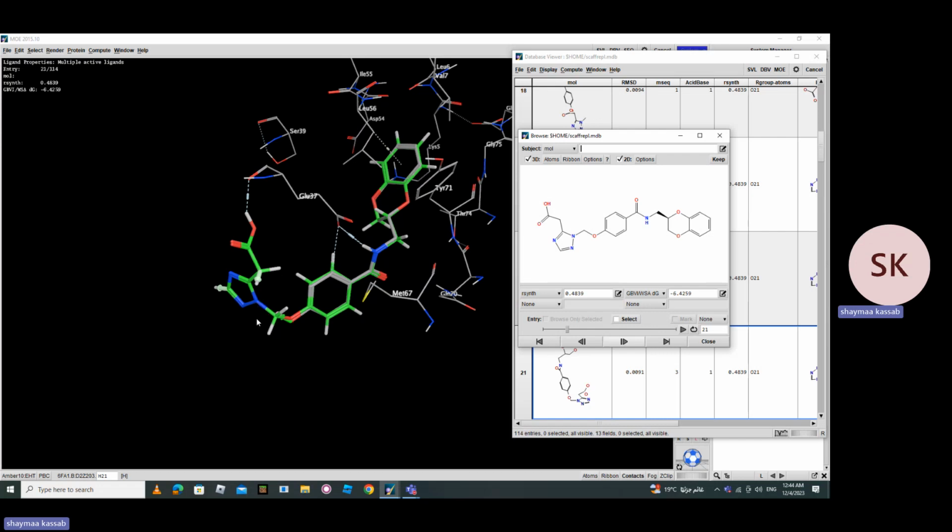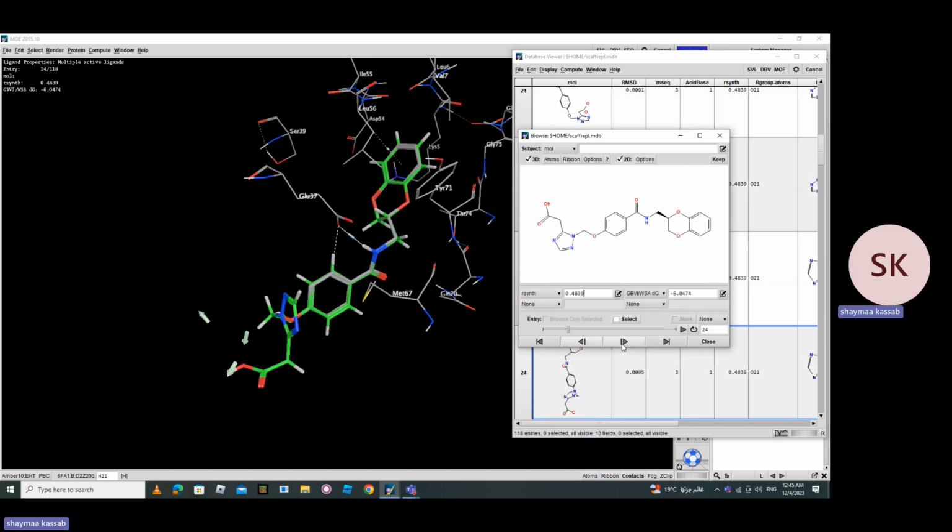This compound is nice, and the resynthesis score 48 is not bad, it's an agreeable and acceptable value, not very far from the value of the original ligand, which was 61. I think this one is very nice and worth trying.